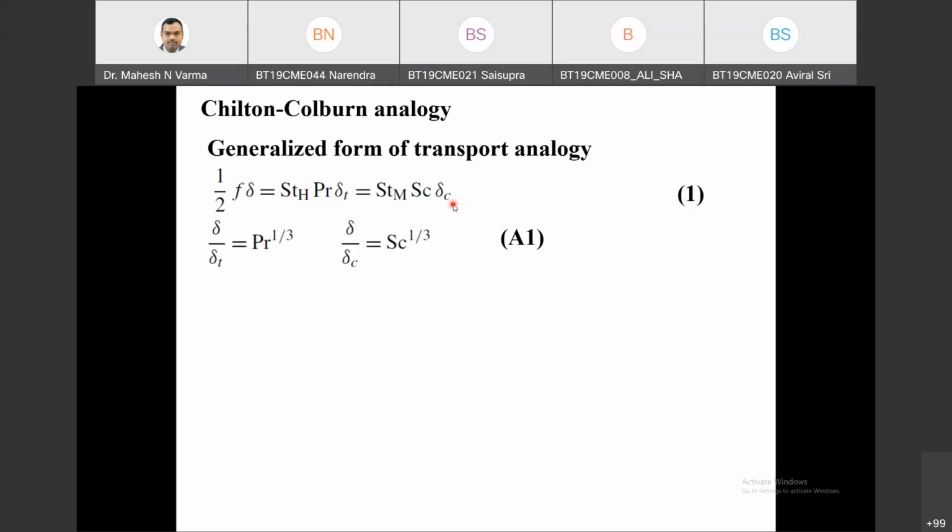This is the observation of the Chilton-Colburn analogy. You can call it an observation, an assumption, or a limitation.